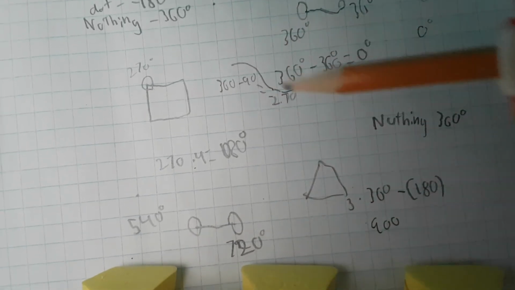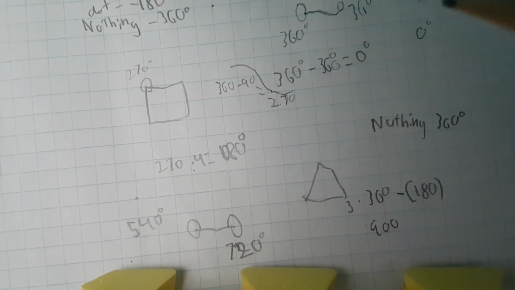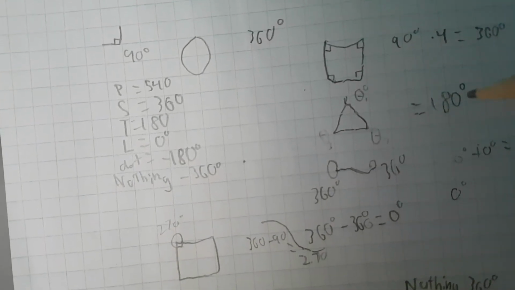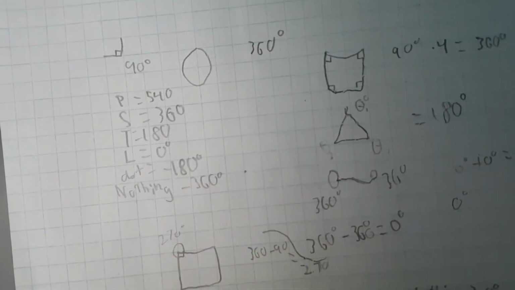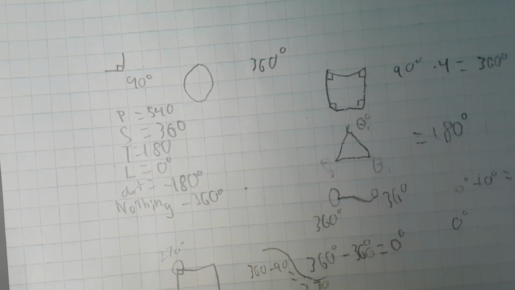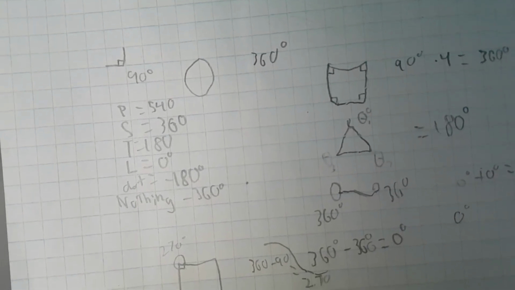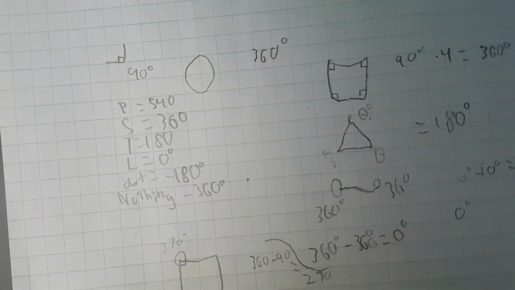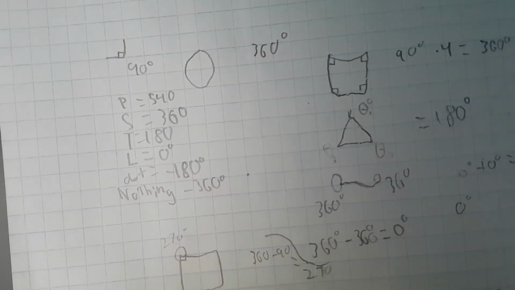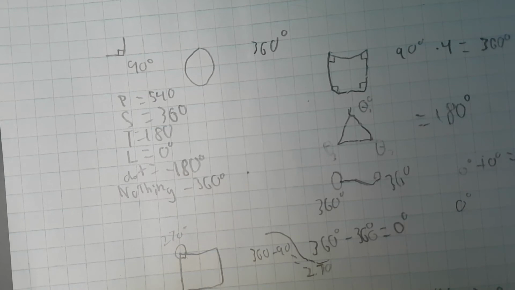So the outside will increase by 180, and the insides have 180 and 360. So it'll also increase by 180, but offset. The difference between 180 and 900 is 720. So the outside will always have 720 more degrees than the inside. And we can follow this pattern up and down. So I think that's all.